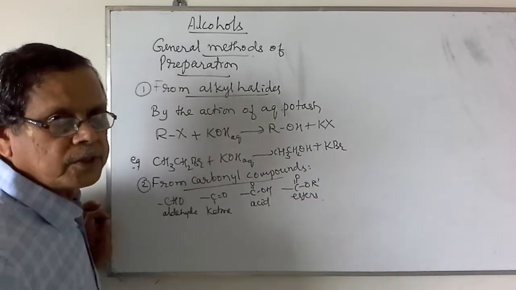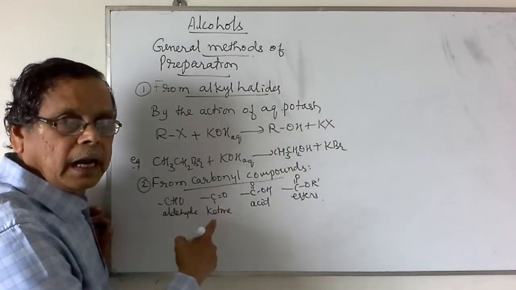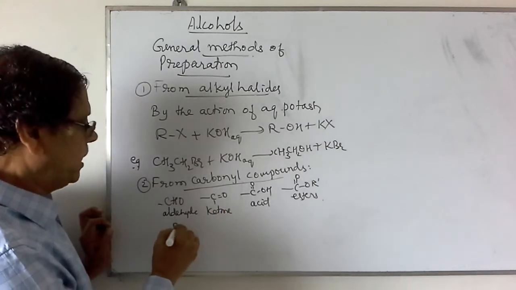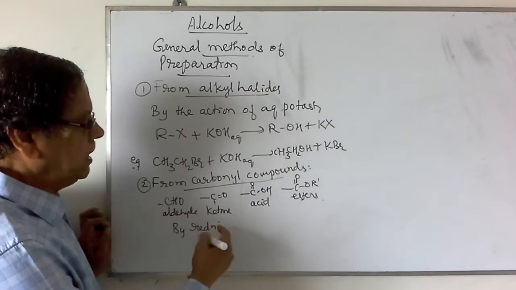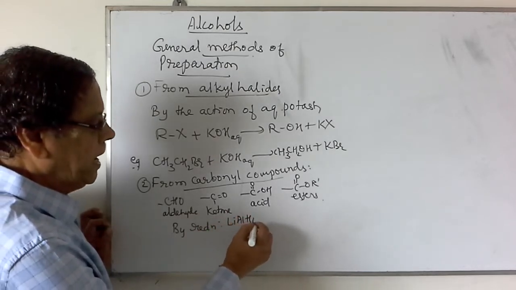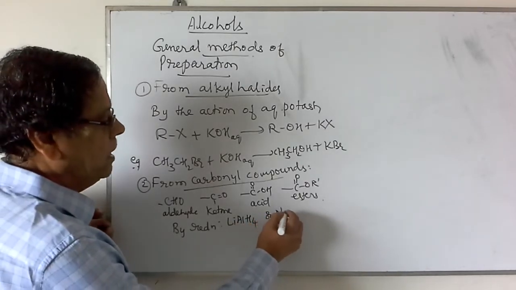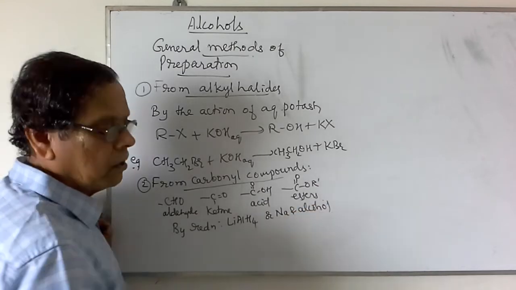When these compounds containing the C double bond O group are subjected to reduction, the reducing agent we can use is lithium aluminium hydride, or we can also use sodium and alcohol.